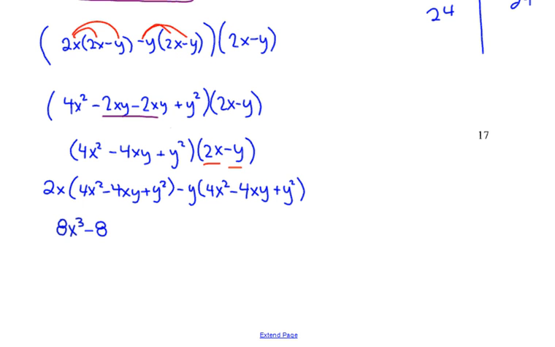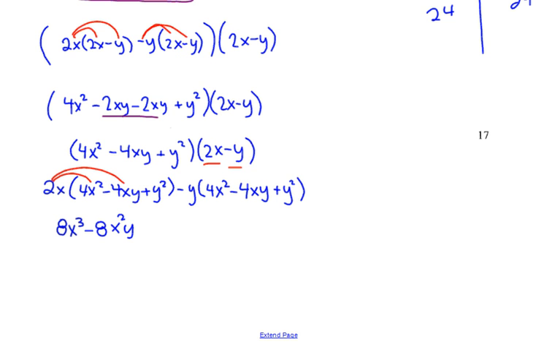This is interesting. Have you guys yet experienced multiplying a 2x times a negative 4xy? What would that become? So negative 8, then what would happen if you multiply x times xy? X squared, so the x times x is x squared, and then we have the y.